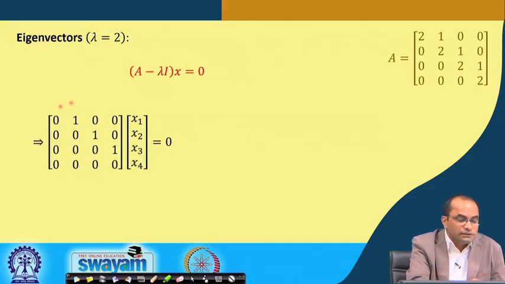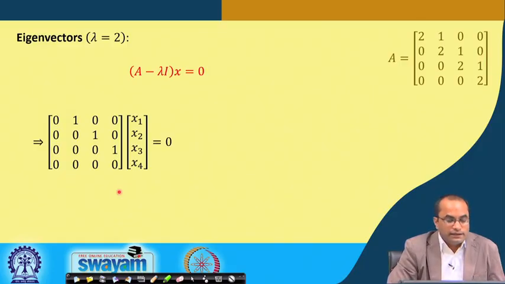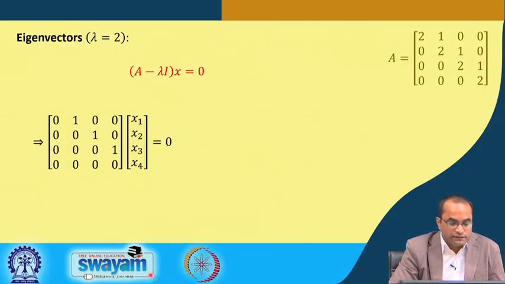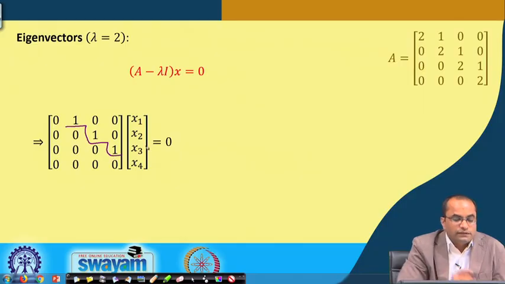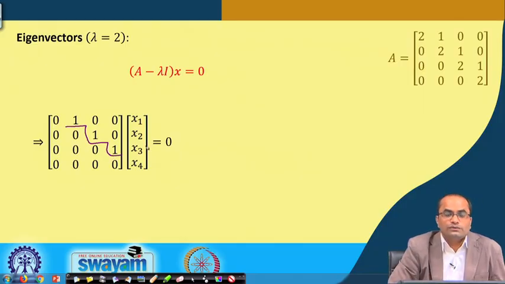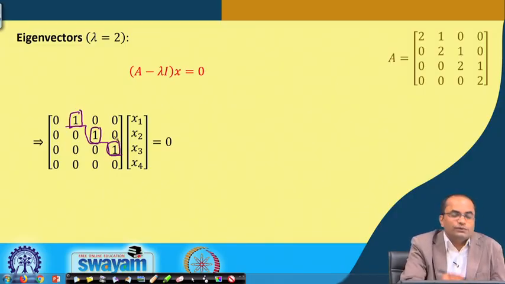So, we got this as our system of equations, and here we do not have to do anything to get the reduced form, because we can clearly see that this is already the reduced echelon form. This is a pivot element, this is another pivot element, and this is also a pivot element.